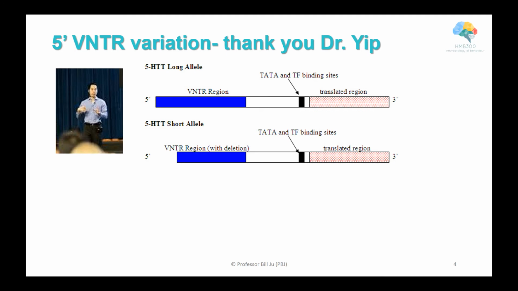In the last lecture, we talked about the fact that the short allele results because there is a small missing piece of the 5' VNTR region, so it's deleted, and the actual gene for the serotonin transporter is not affected. So there's a problem with the promoter system, which means that we don't make as much of the mRNA, so we don't get efficient transcription of this particular transporter.